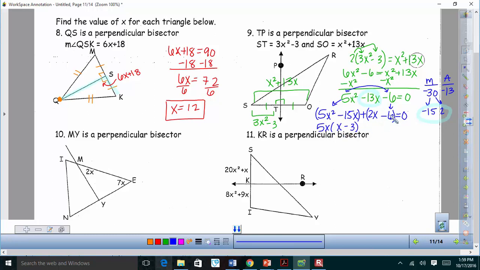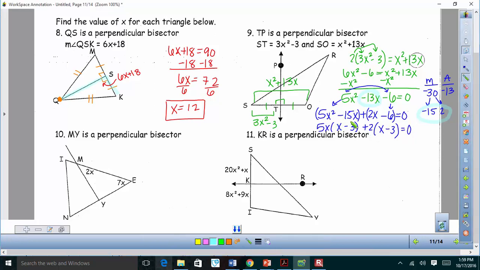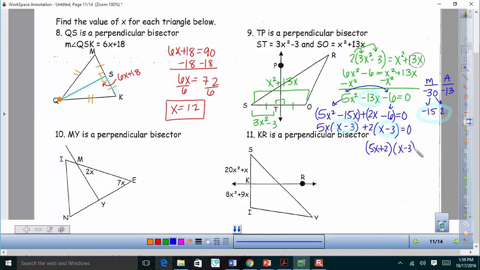What's the GCF in the second parentheses? 2, which leaves me with x minus 3. So I did it right because my parentheses match. And so I would write this as 5x plus 2 and x minus 3.